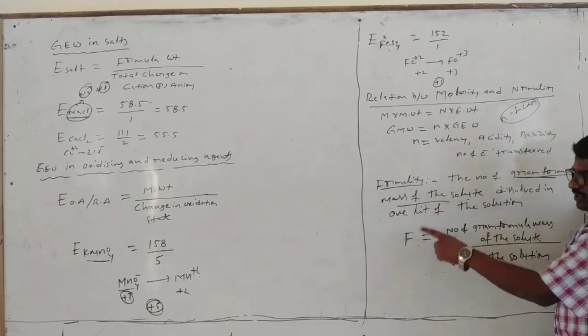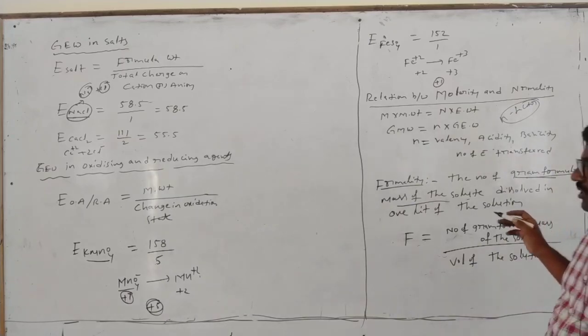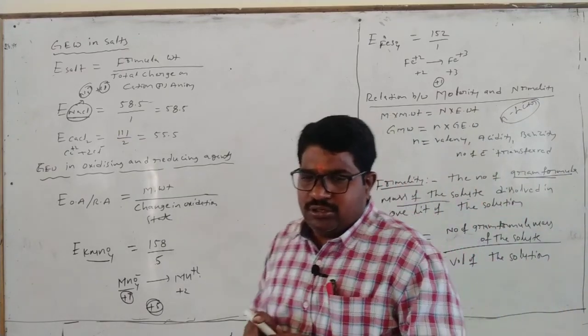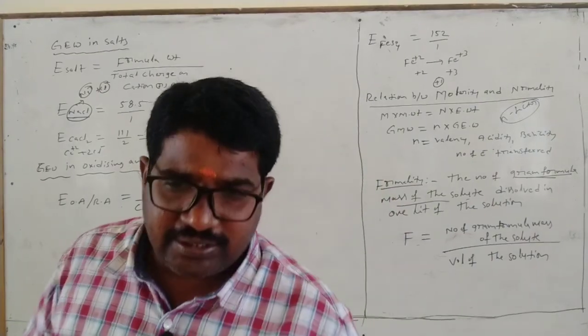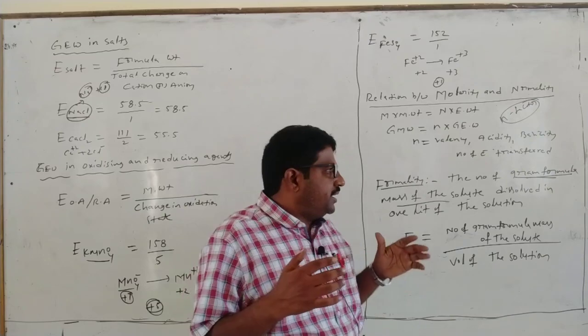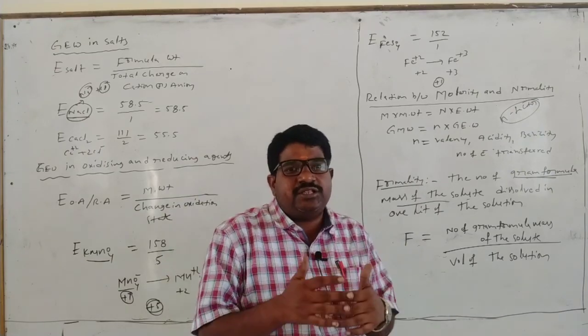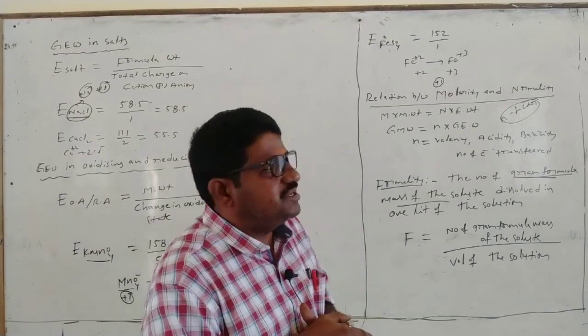Formality is denoted by F: the number of gram formula masses of the solute per volume of the solution. So this is about formality. These are the methods to express the concentration of solutions.